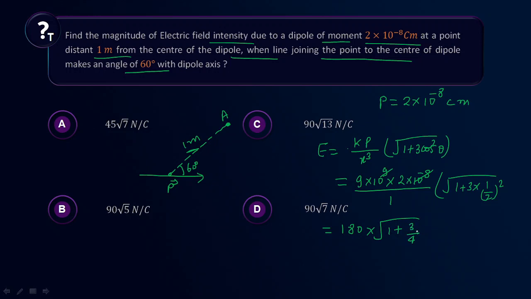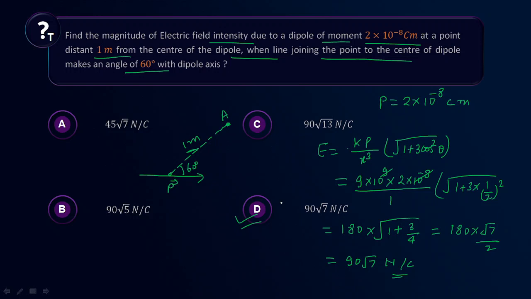So this will be equals to how much? 4 we can take as LCM. So 180 into root 7 by 2. So it will be how much? 90 root 7 Newton per coulomb. So answer will be which one? Answer will be D. Yes or no? Simple, easy. Is it clear to everyone?